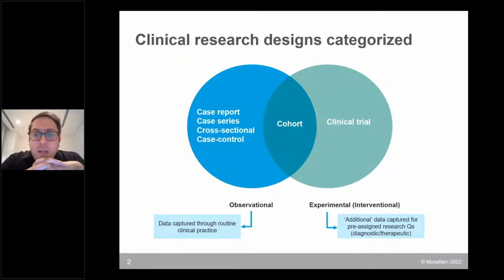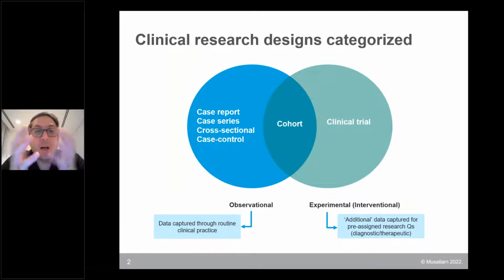Now, mind you that the way we look at designs in terms of observational versus experimental doesn't necessarily mean that observational studies don't have actual physical intervention in them, because you might be just observing the patient, not interfering with their course of care, but you might need to prick them with a needle to take a blood sample, for example, for measurement of a certain laboratory assay.